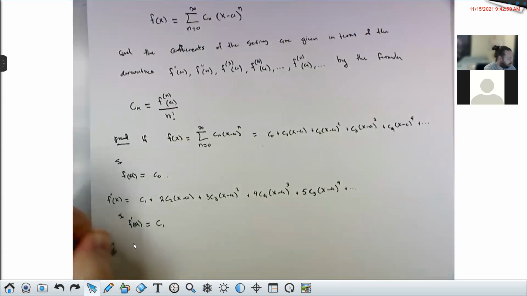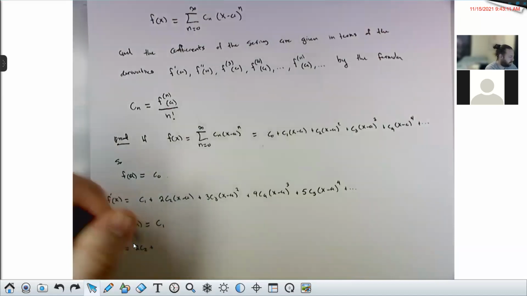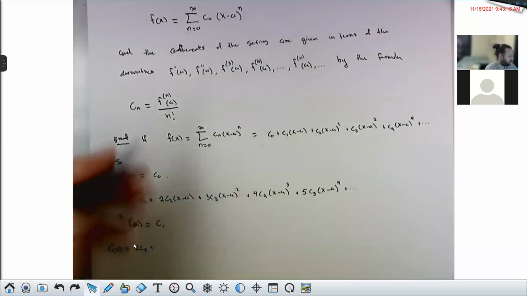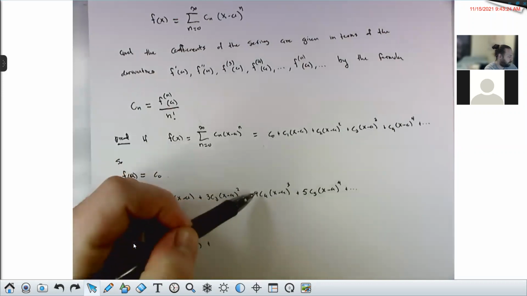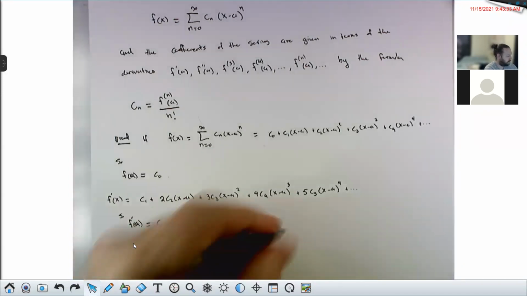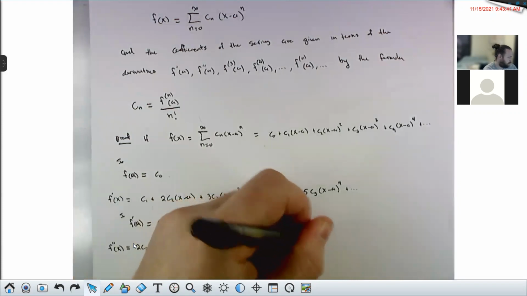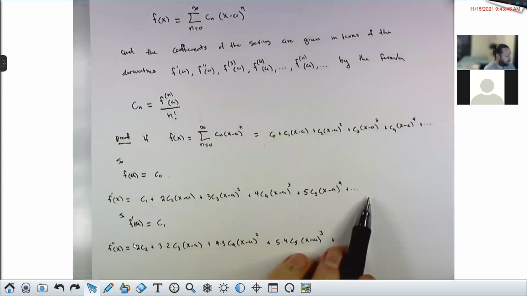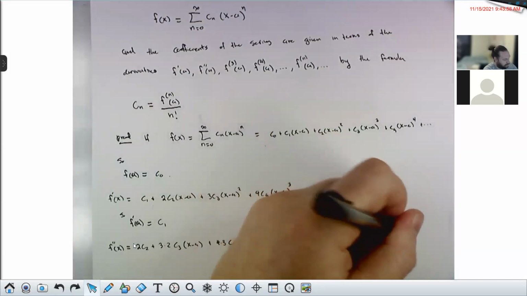If I differentiate again, f double prime of x, now C1 goes away, and this piece becomes just 2C2 times 1, plus 3 times 2 times C3 times x minus a, plus 4 times 3 times C4 times x minus a squared, plus 5 times 4 times C5 times x minus a cubed, plus 6 times 5 times C6 times x minus a to the 4, and so on.